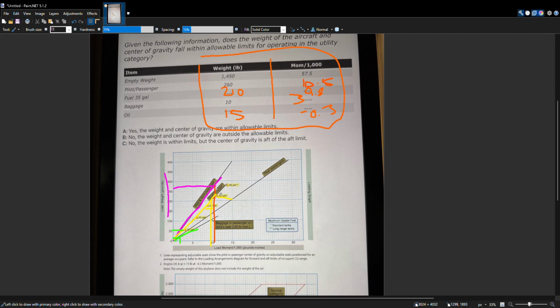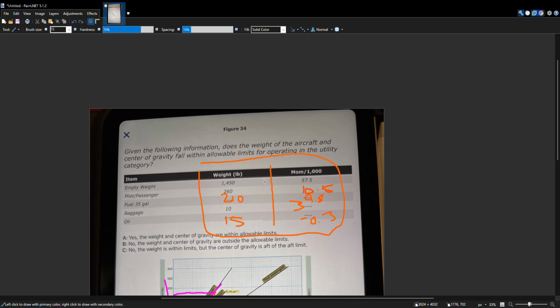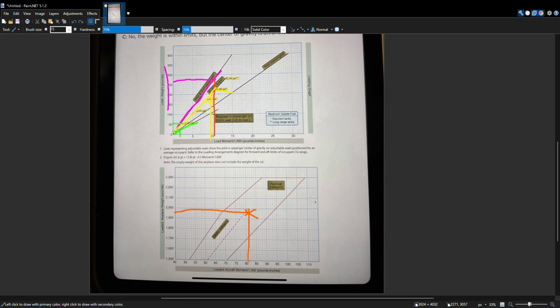And then moment is 57.5 plus 10.5 plus 9.8 plus 3 minus 0.3 is 80.5. So we'll bring that to around there. And then we can see we're well within the normal category. So the answer would be yes, weight and CG are within allowable limits.